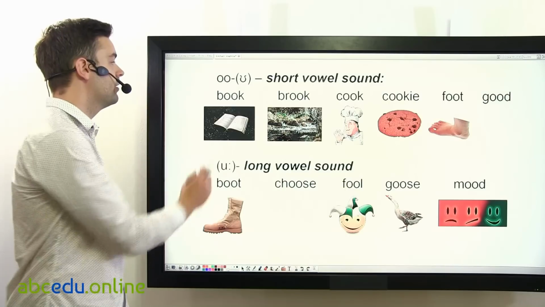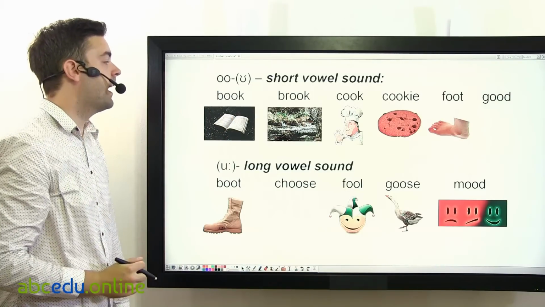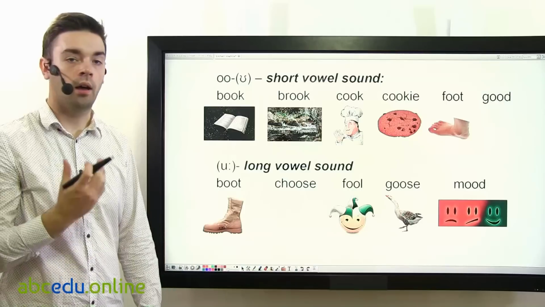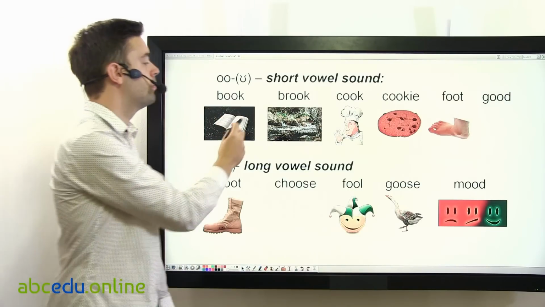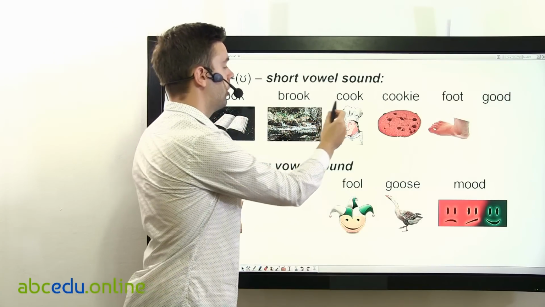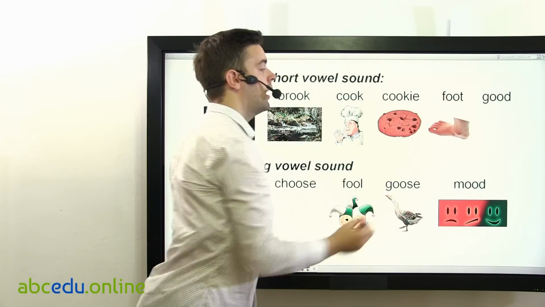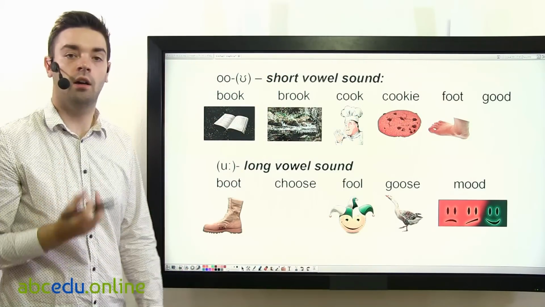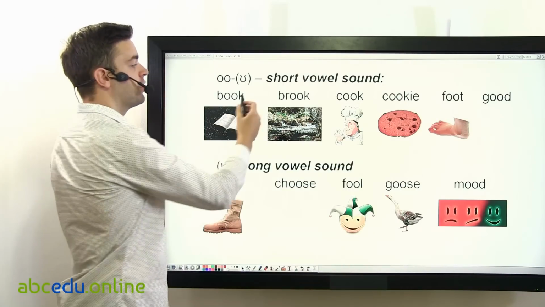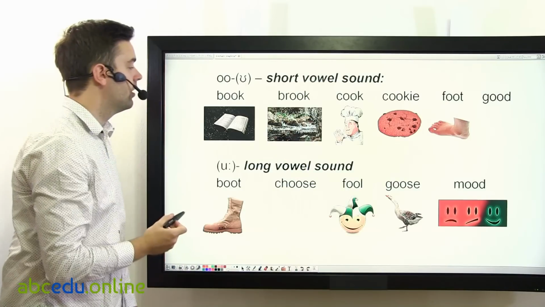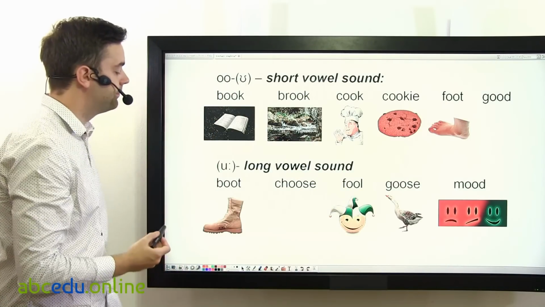When we join two O's together, we get a short vowel sound. So you can get book, brook, cook, cookie, foot, and good. That's a short vowel sound. When we join two O's together, we can get a long vowel sound as well.